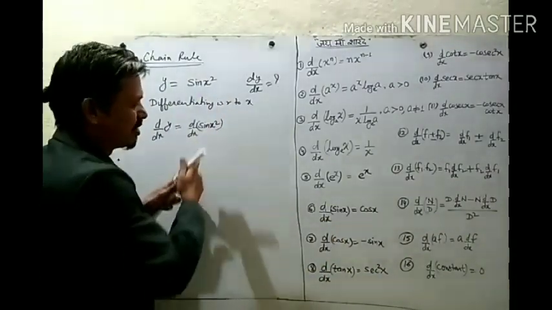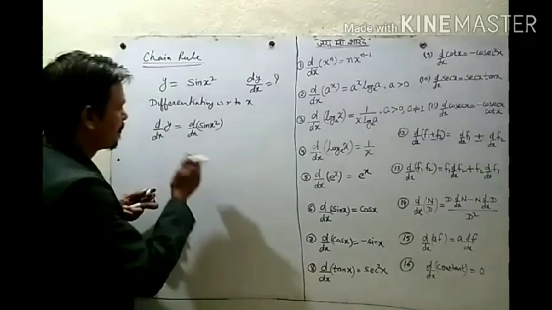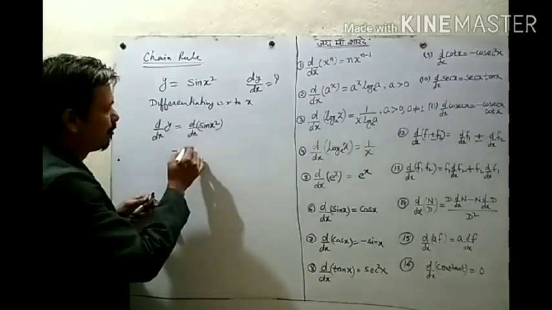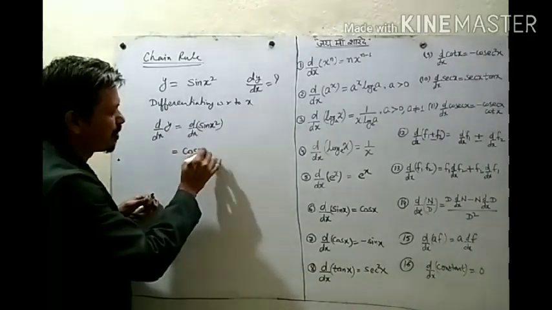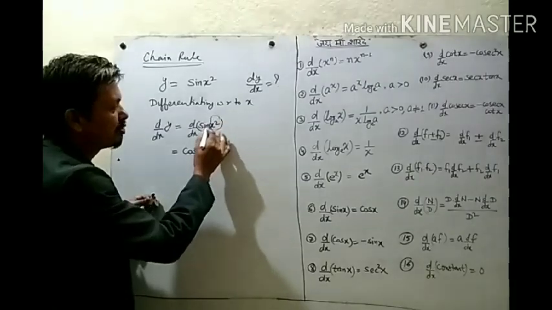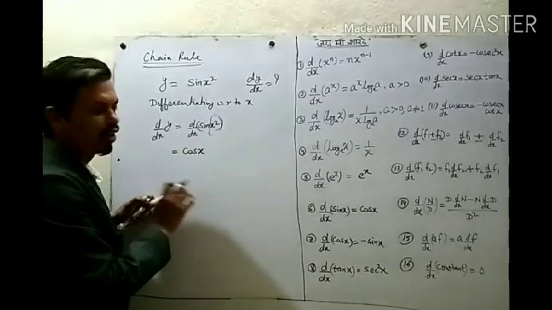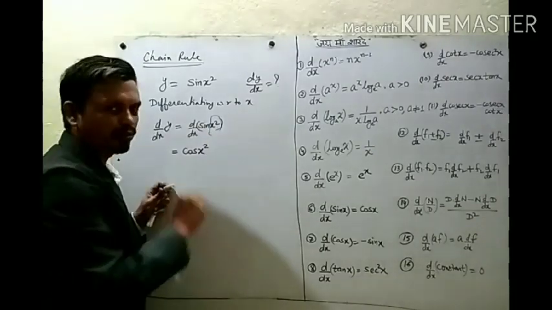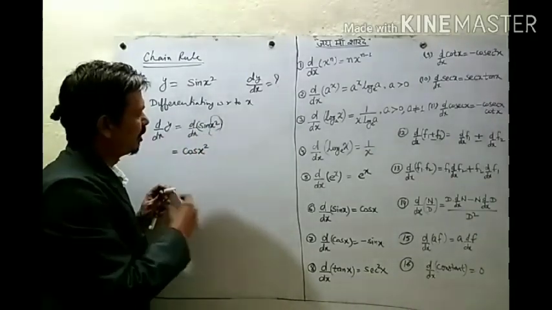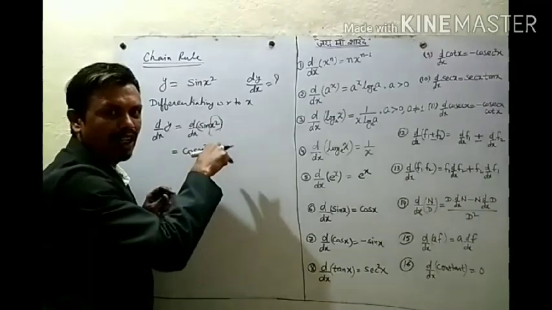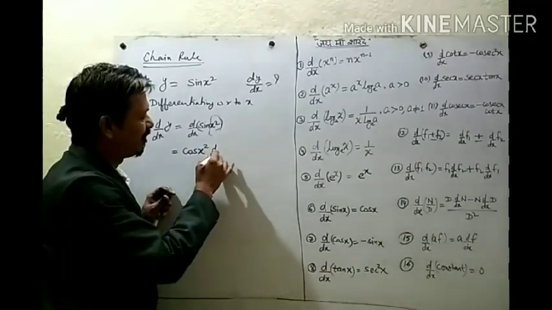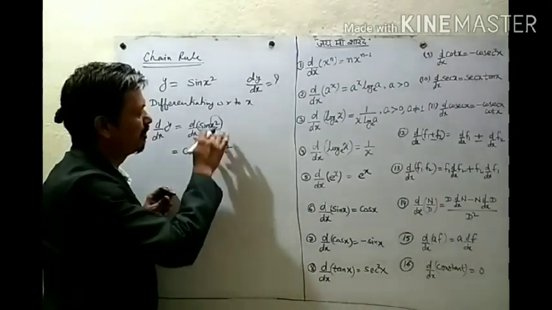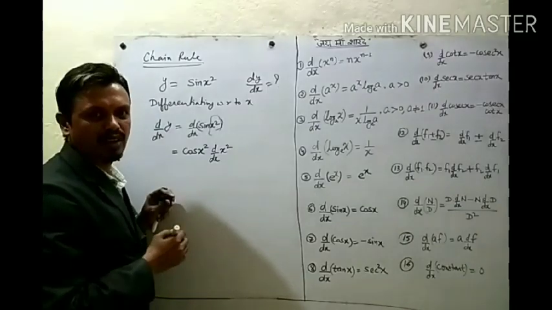Derivative of sin x is cos x. But what is x? Instead of x we have x square, so we write cos x square. But actually it is not x; we are assuming it is x. So what we assumed as x, that we again differentiate, meaning the derivative of x square again.